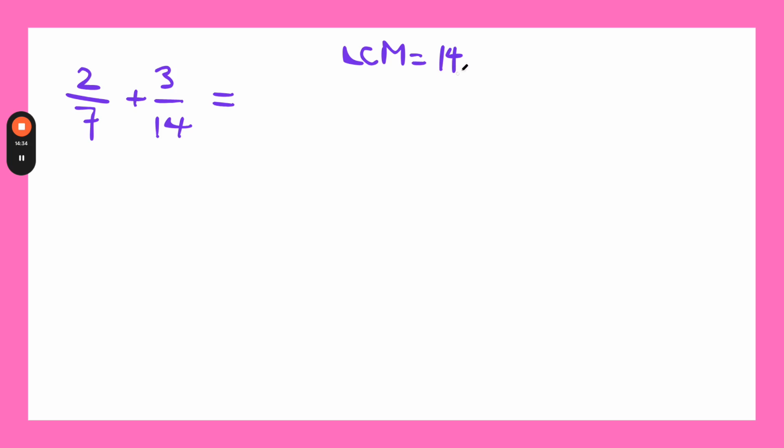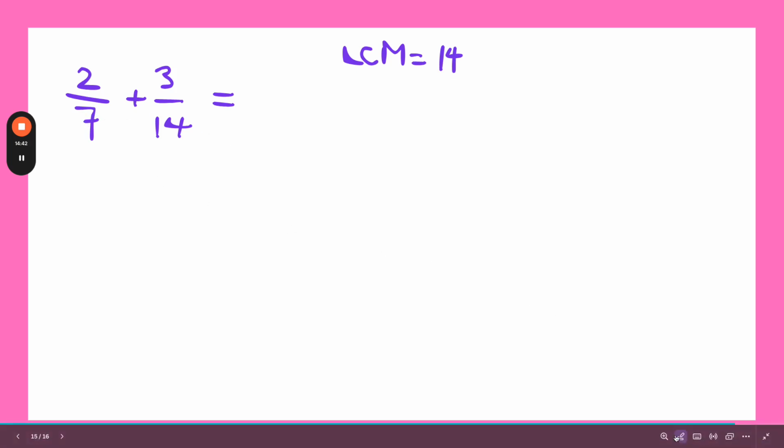So using this LCM, we convert each fraction into a fraction with denominator 14. So let's start with 2 over 7.